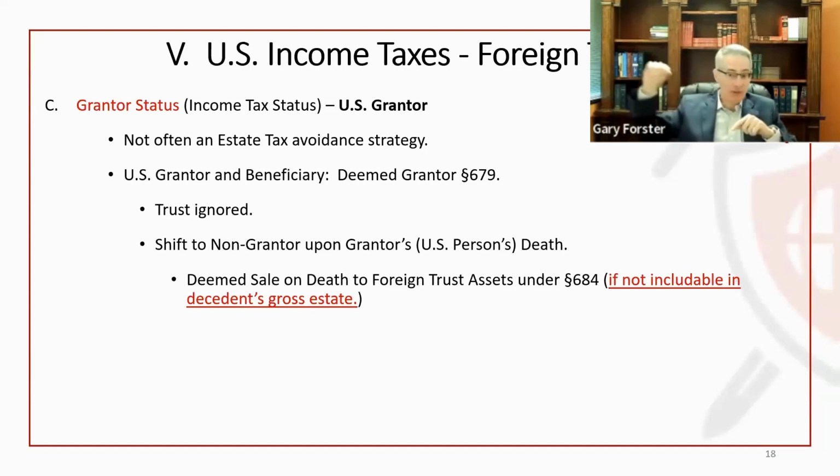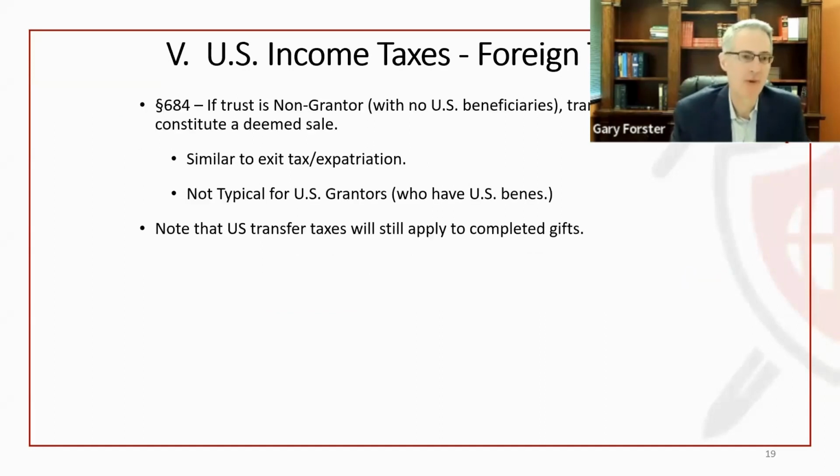So if you move them out of the estate and there's no estate tax issue, they're not in the taxable estate, they're deemed sold. So basically what's going on here is we don't use a foreign trust for US people as an estate and gift tax vehicle usually because of that issue. But you keep those rules in mind more or less now that we've gone through them for the foreigner because they do apply.